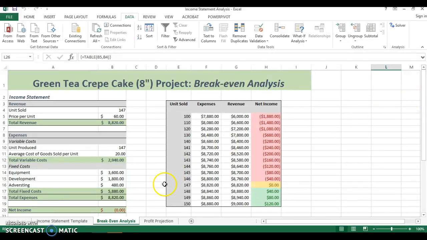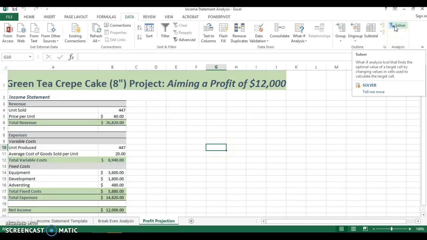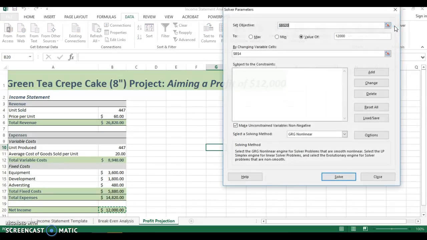Alright, the last thing is I want to know how many cakes I need to sell in order to make a profit of $12,000. This is similar to what we did in the break-even analysis. You just need to click Solver, and your objective will be the cell B20, which is net income.